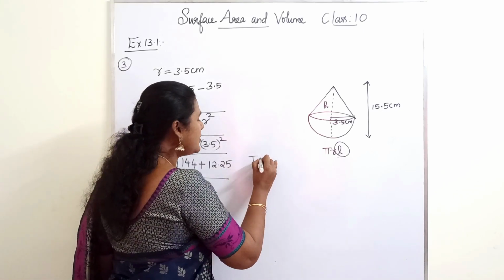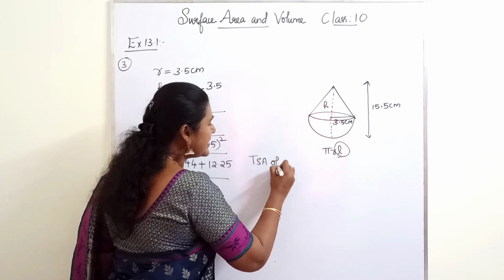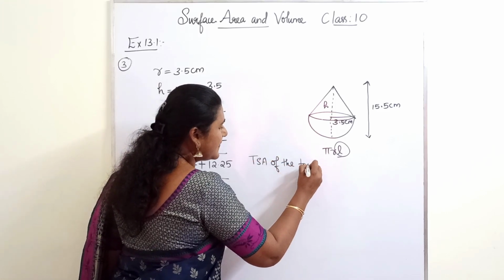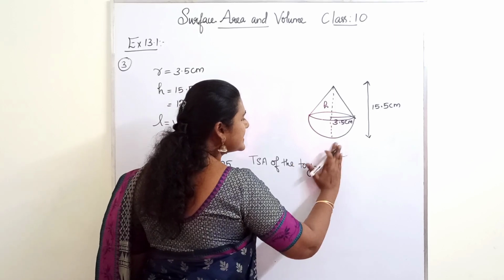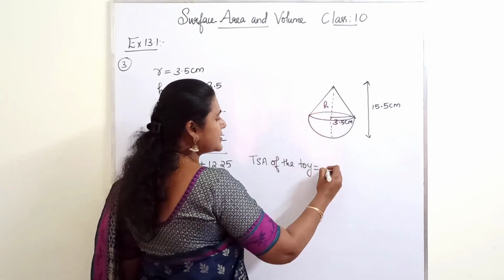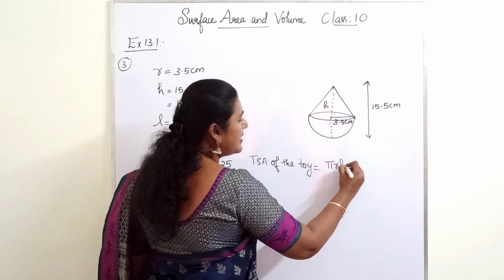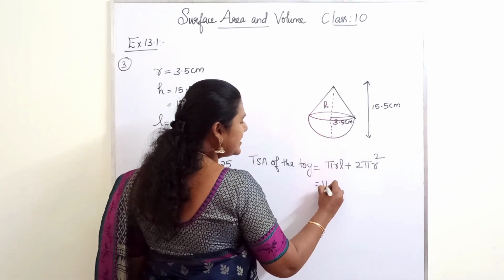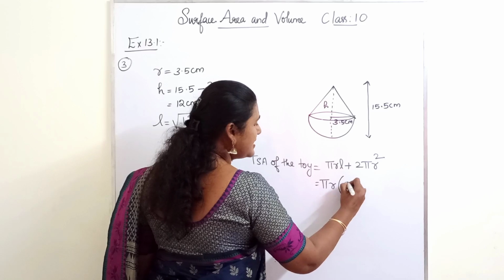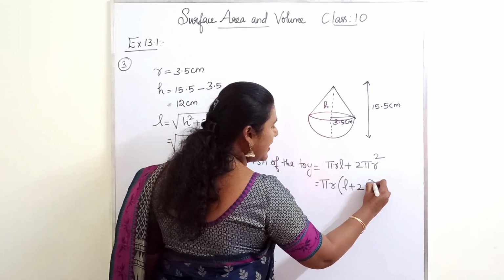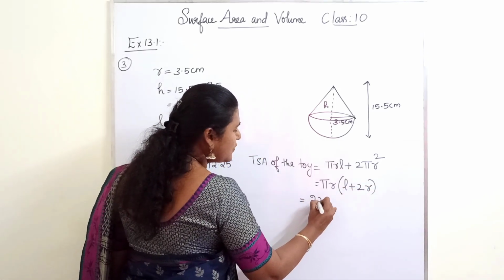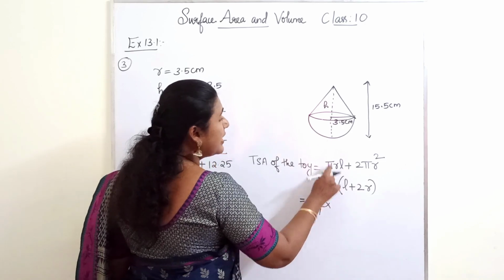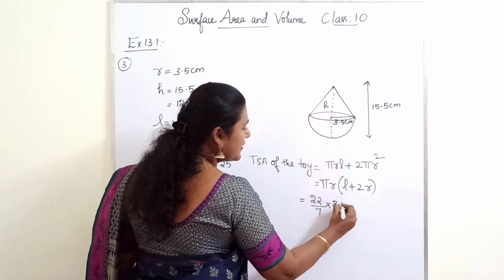Now we will find out the total surface area of the toy, which is equal to CSA of cone plus CSA of hemisphere, pi r L plus 2 pi r square. So from this we will take pi r common. So L plus 2r. So what is the value of pi? 22 by 7 into radius is given as 3.5.